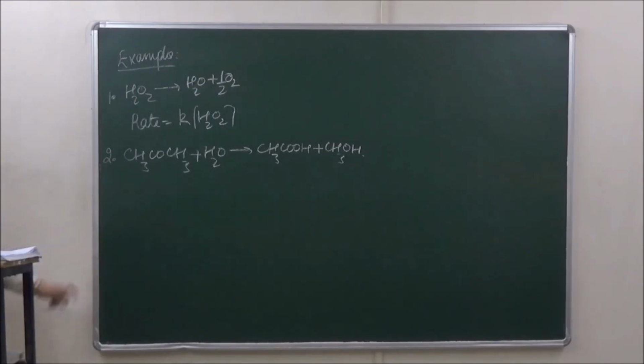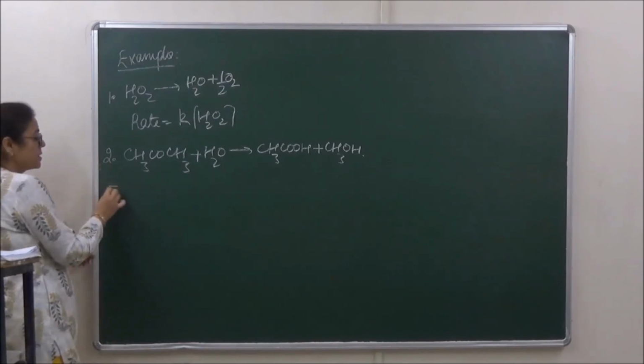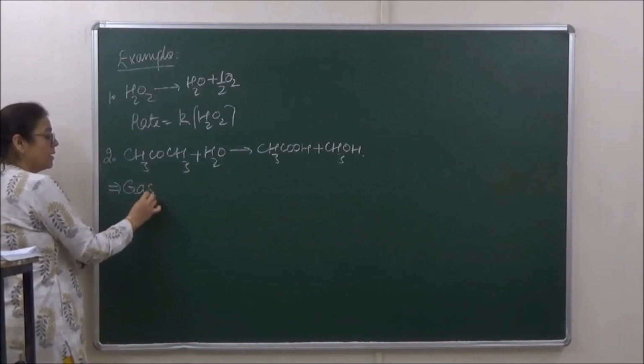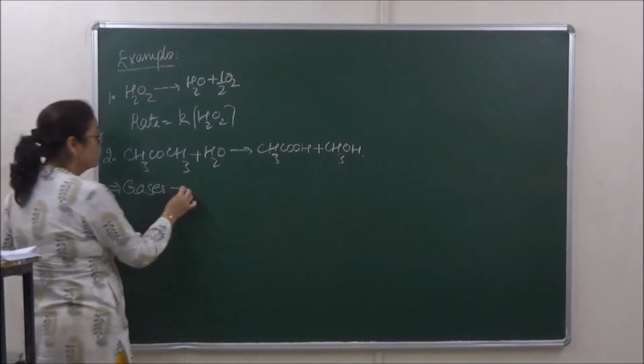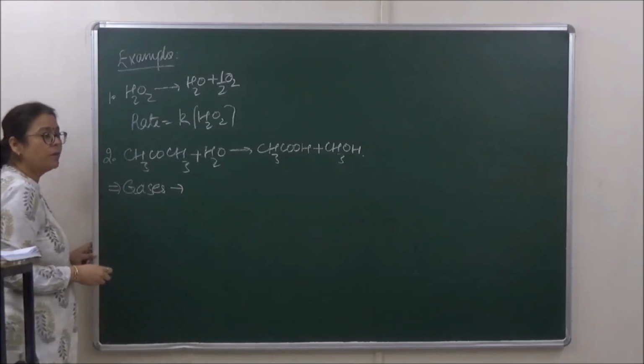ठीक है. Now there's another very important concept which we are going to take over here. कि if in case in the questions gases have been given, then the pressure would be given to you.